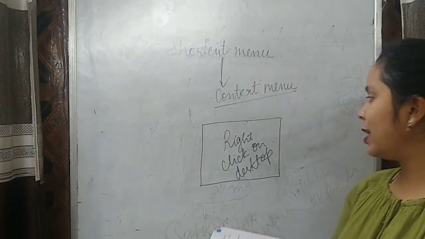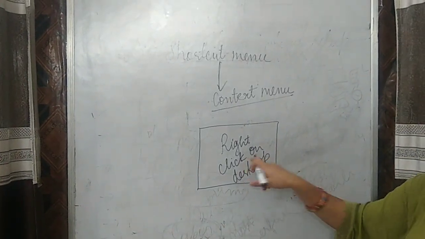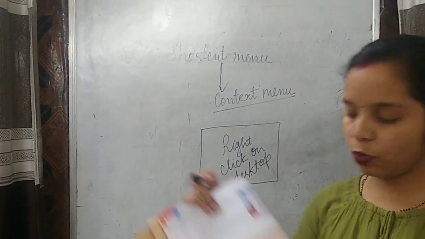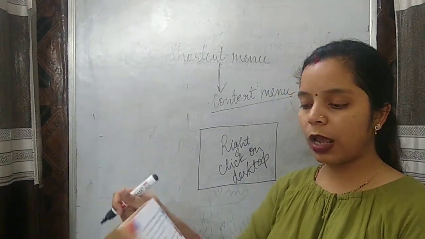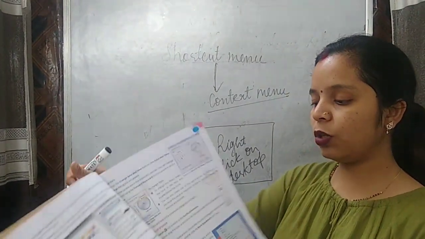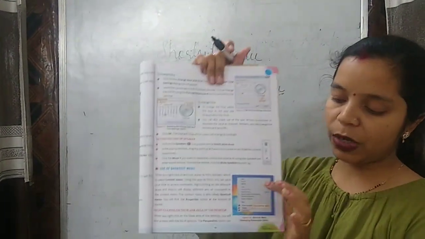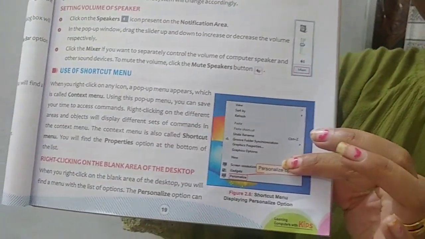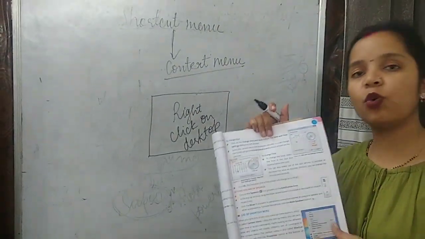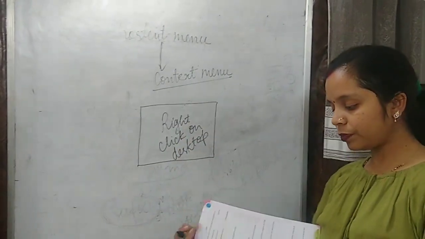So whenever you right click on the desktop, it will always show you a menu. This is the menu which is shown whenever you right click on the desktop of your computer, and these menus are known as shortcut menu or context menu.